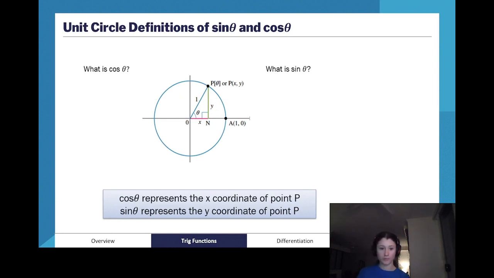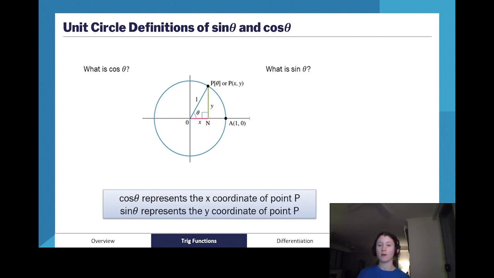What you'll need to remember is that the cos of theta is actually the x-coordinate of point P, so it's this pink distance here. And sine of theta represents the y-coordinate of point P, or this green distance here.